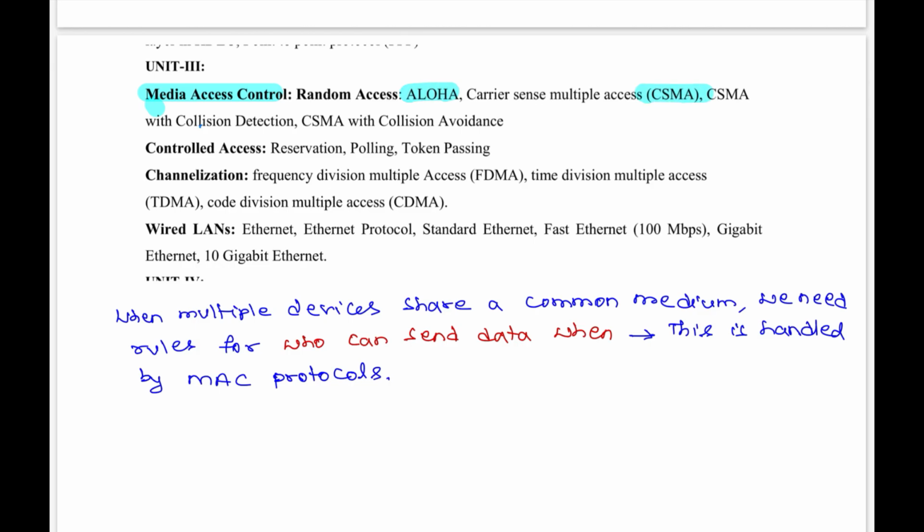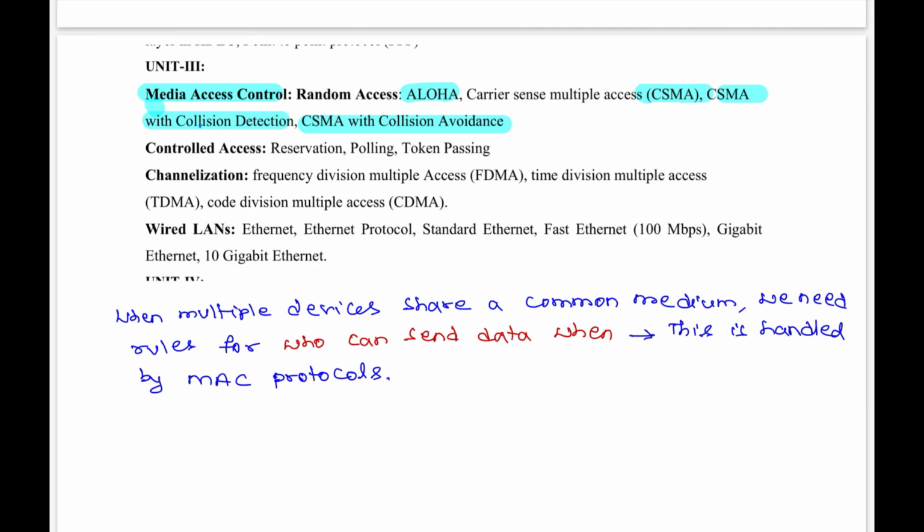CSMA refers to carrier sense multiple access. It listens before transmitting. Next one is CSMA with collision detection. It is used in Ethernet. And CSMA with collision avoidance. It is used in Wi-Fi.